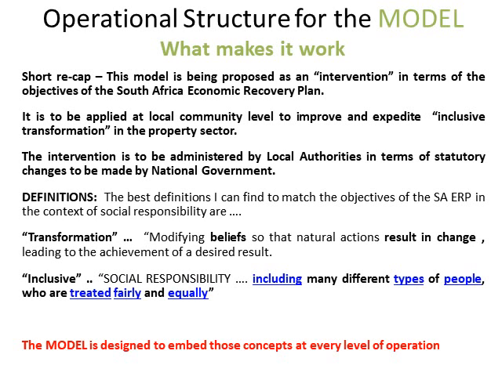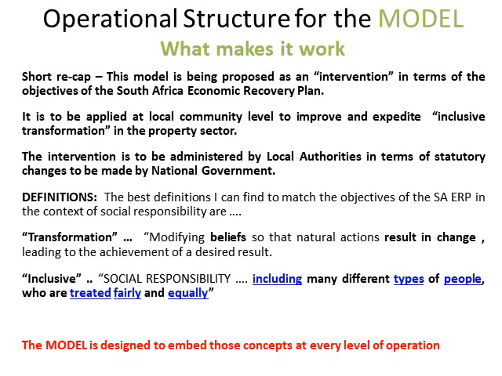So let us take a look at some of the definitions that are involved here. The best definitions I can find to match those objectives of that plan in the context of social responsibility are: transformation. What does it mean? It means modifying beliefs so that natural actions result in change, and that change leads to the achievement of a desired result.